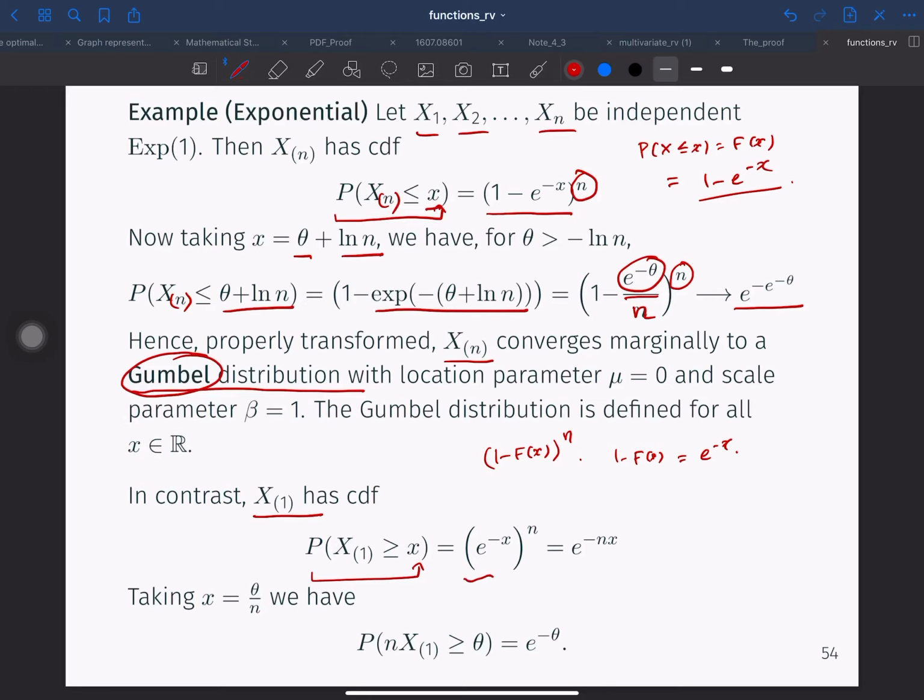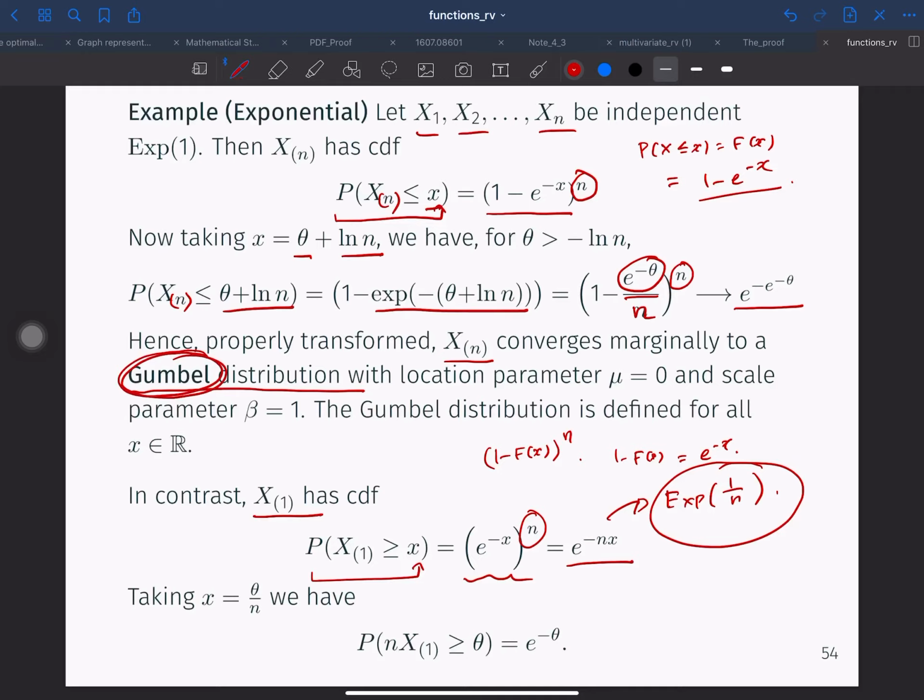So we have (e^(-x)) raised to the n power, that's e^(-nx). And this is nothing more than exponential with rate 1 over n. So the minimum turns out to have the exponential distribution, but the maximum turns out to have the Gumbel distribution.